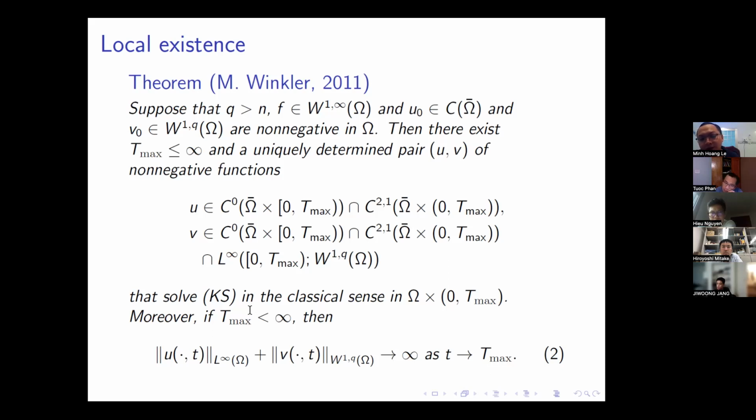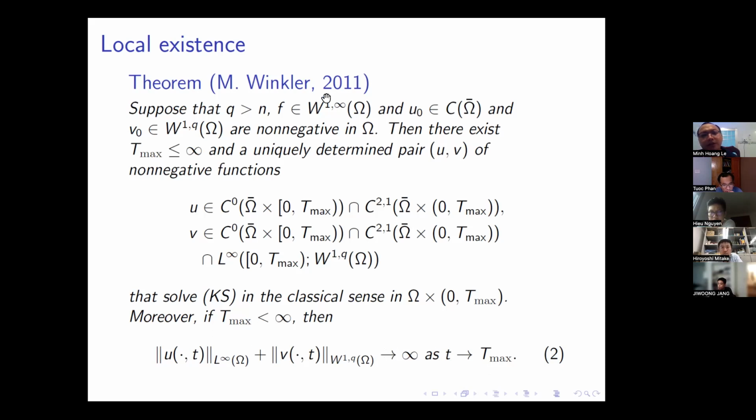So in other words, if this is bounded at all times for all t belonging to 0 to T max, then it implies T max is equal to infinity. So that strategy can be applied to obtain an L infinity bound. We can show that this is uniformly bounded in time, then T max automatically equals infinity, and we have global existence of the solution.